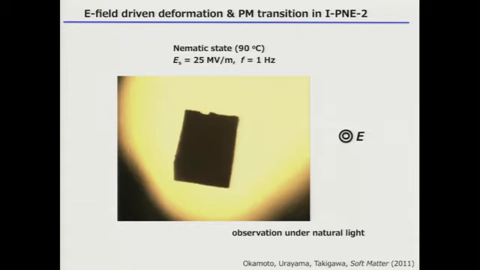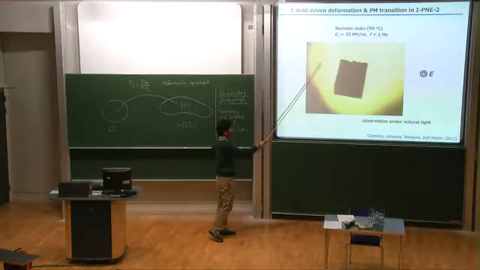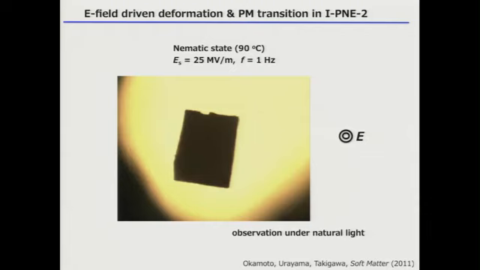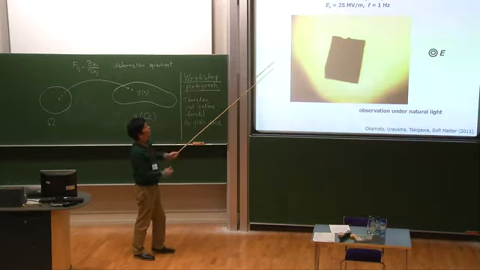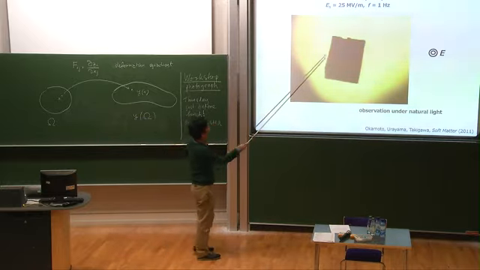This is the state without field, observed under natural light. The sample is a polydomain, so it strongly scatters light and the appearance is totally black. The surrounding silicon oil is transparent. Now we apply the electric field normal to this screen. The field frequency is 1 Hertz.